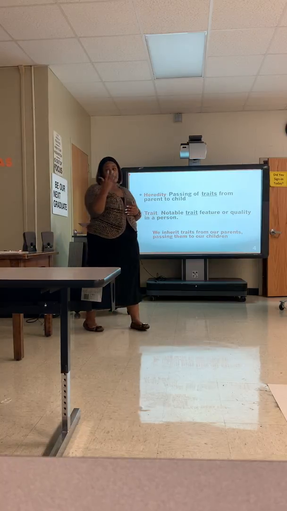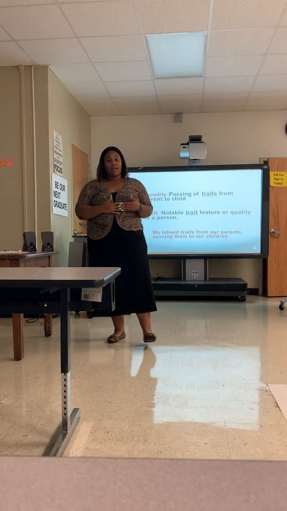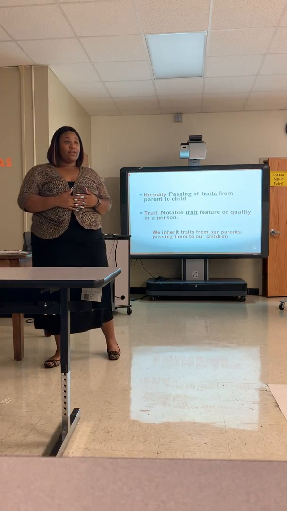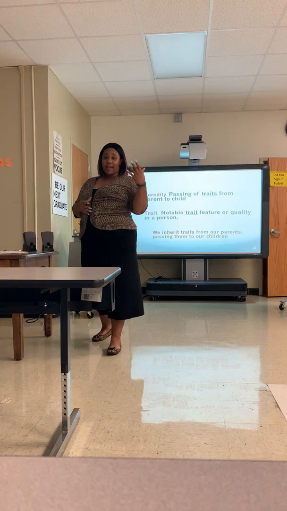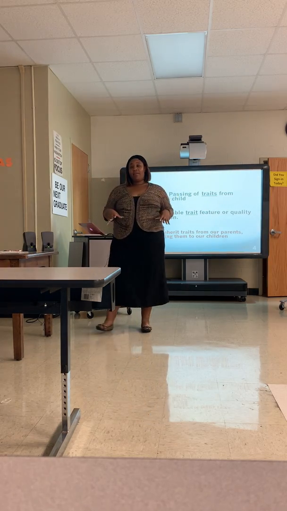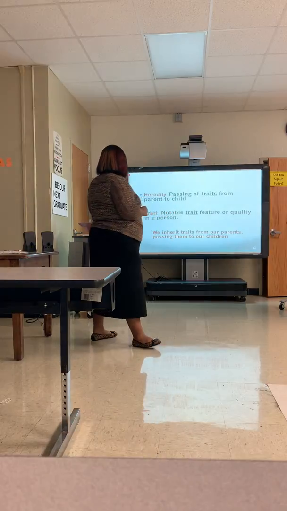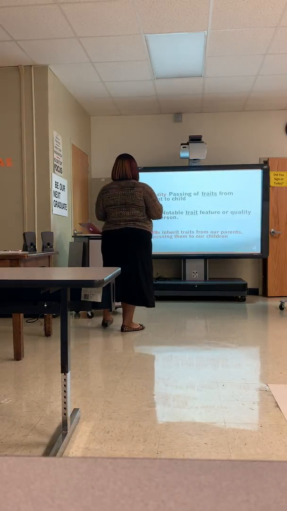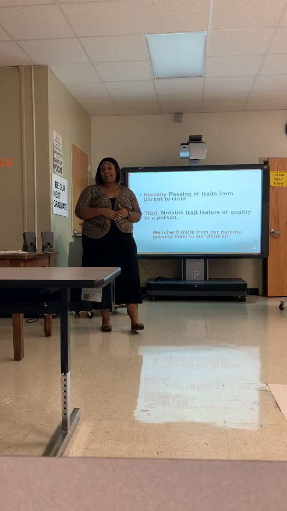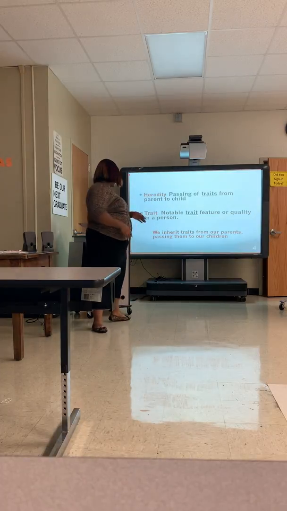So it's pretty much a physical characteristic that you receive from your parents. So you might have hazel eyes, sandy brown hair, dimples, or freckles. So we inherit traits from our parents, passing them to our children if you decide that you would like to have children.